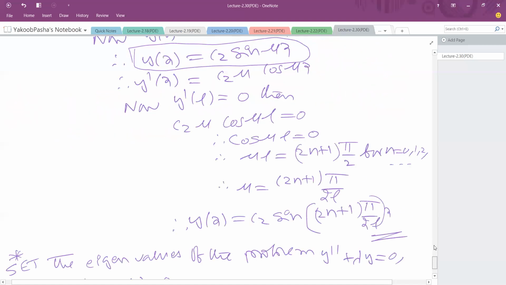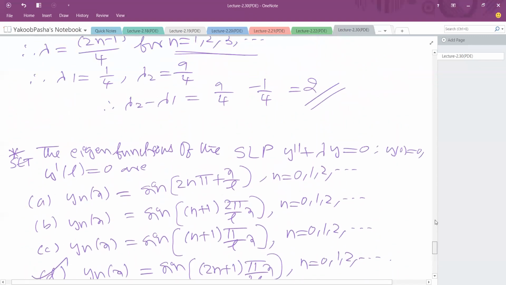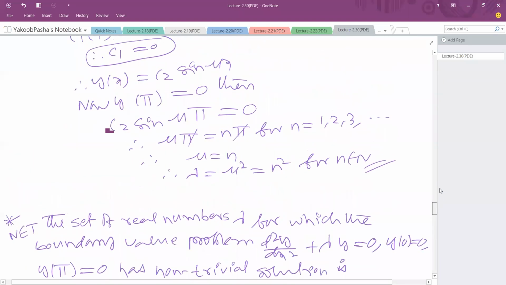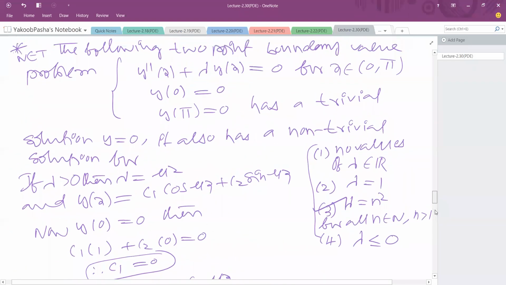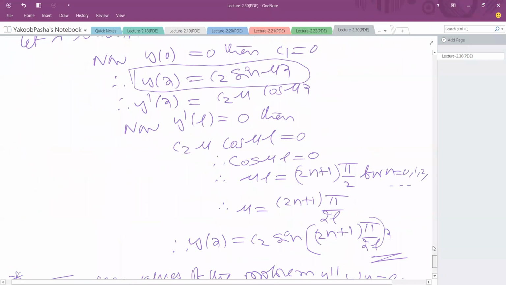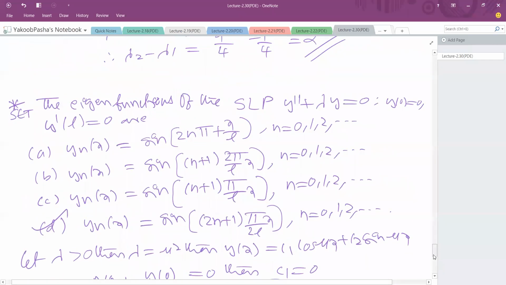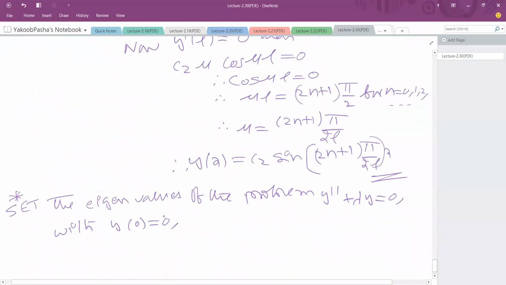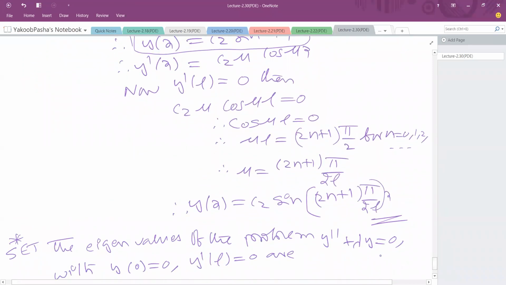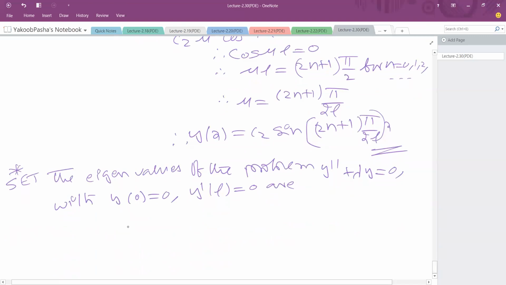Already we did this problem. It is the same problem: eigenvalues with y of 0 equal to 0, y dash of L equal to 0. Here we have already got the mu values, and since mu is found, lambda follows, as in the previous problem.